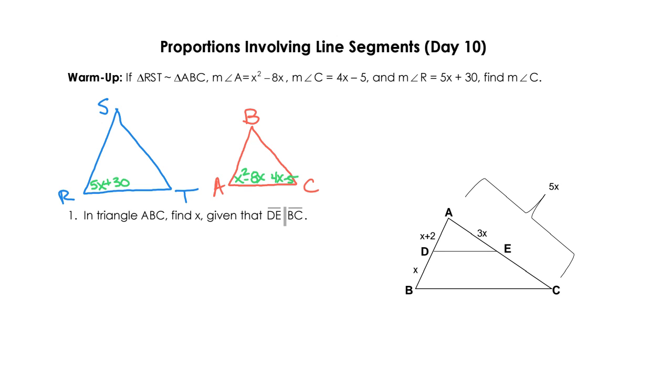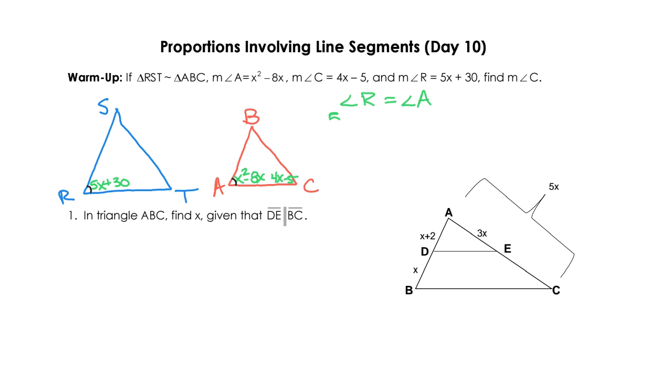Based on what they're giving me here, they gave me two angles that correspond to each other. And I know that even though the triangles are different sizes, the angles have to have the same measure if they're similar. And so I know that angle R has to be congruent or equal to angle A.